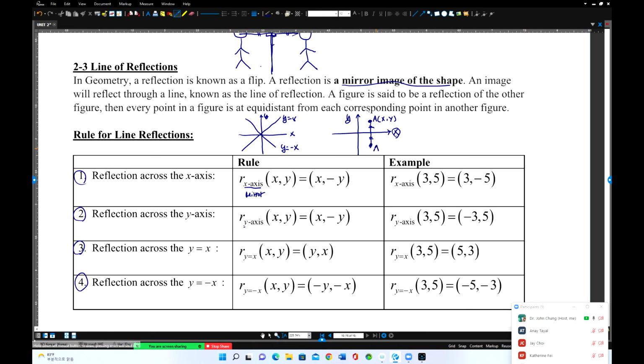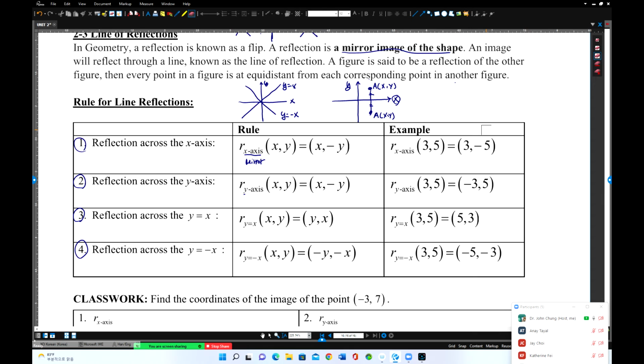There is an image. Do we have a mirror like this one? If your eye is over here but the image is down over here, is it possible? There's no mirror like that, right? It's always perpendicular, same distance.